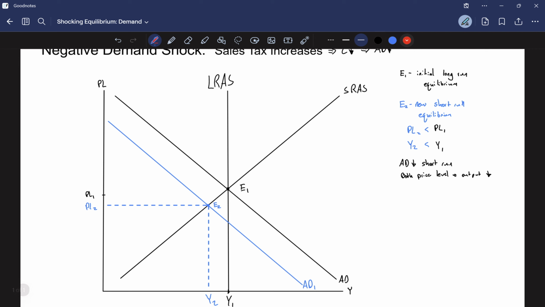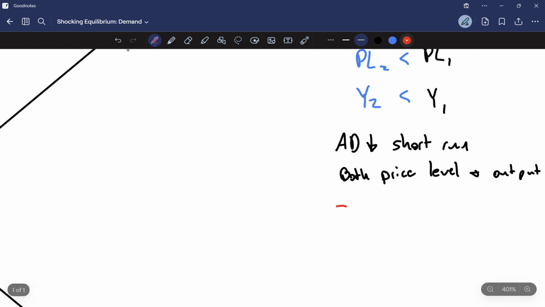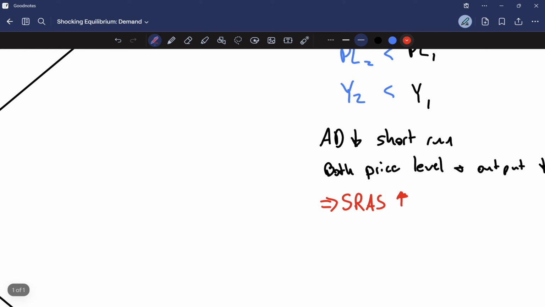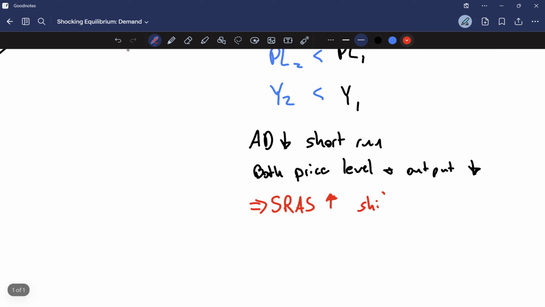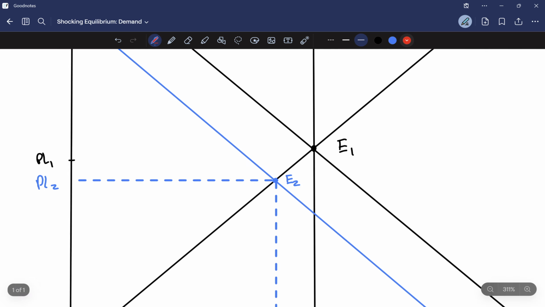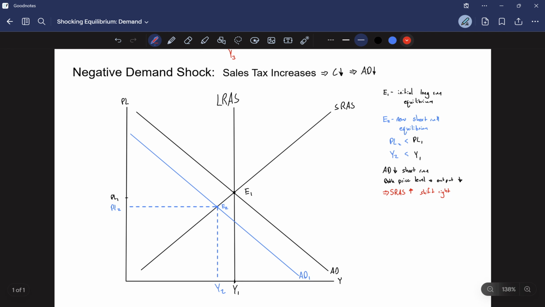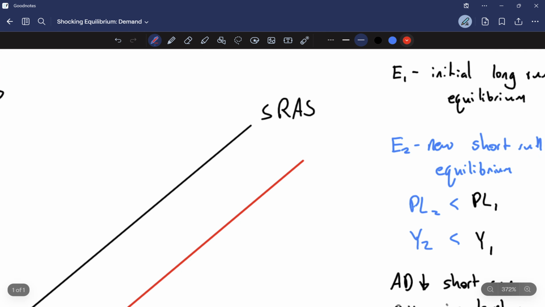However, we're not done. We're going to see that in response to this, our short run aggregate supply is going to increase, which is going to shift right. So our short run aggregate supply will shift right. It'll go through the long run aggregate supply and aggregate demand.